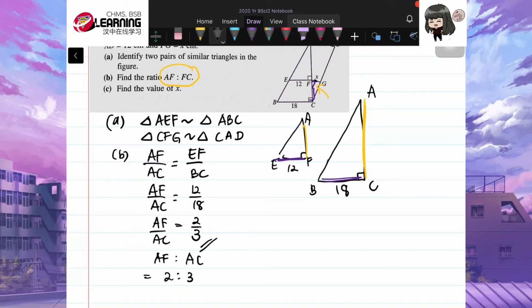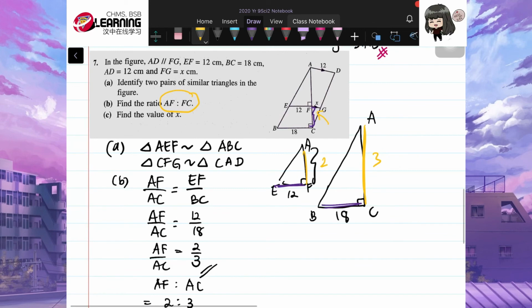We know that the ratio of AF to AC is 2 to 3, 2 to the whole thing 3. It means that AF will be 2, FC will be only 1, because since AC is 3, FC is 1. 3 minus 2 equals 1.